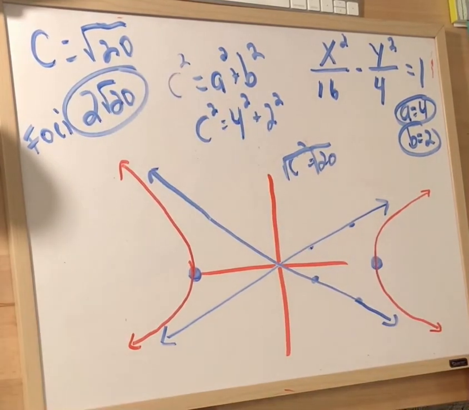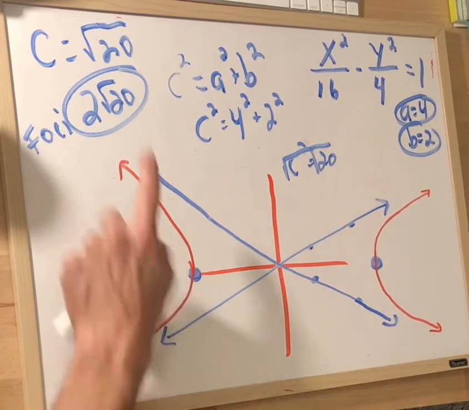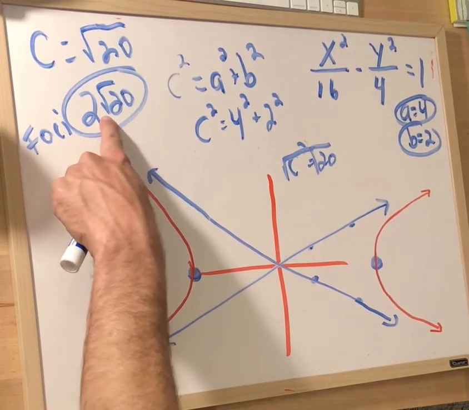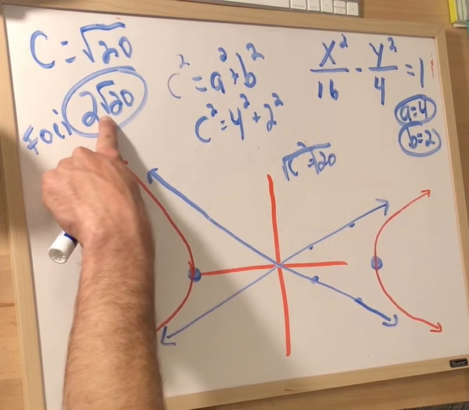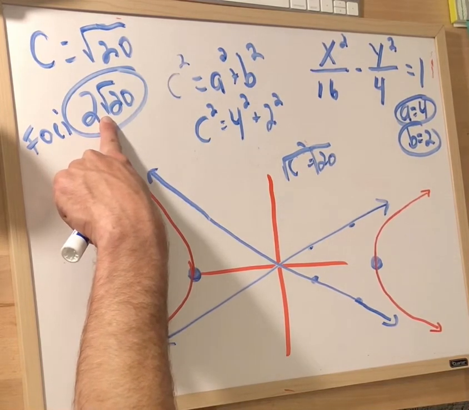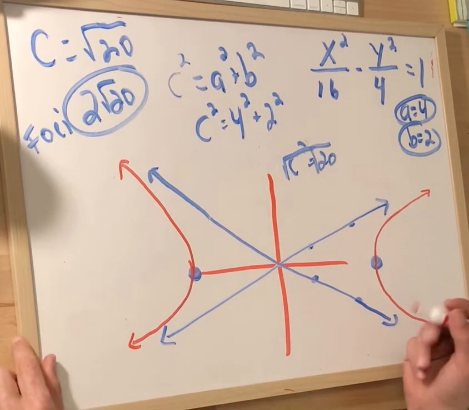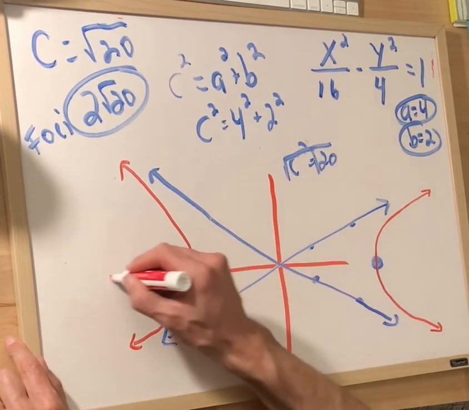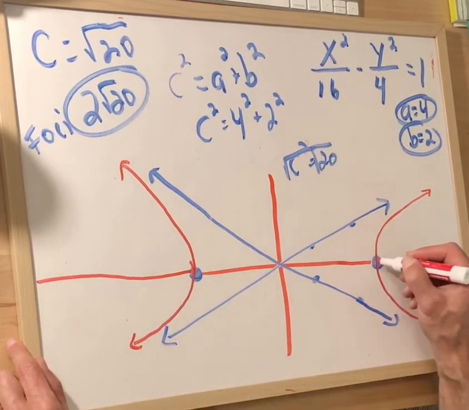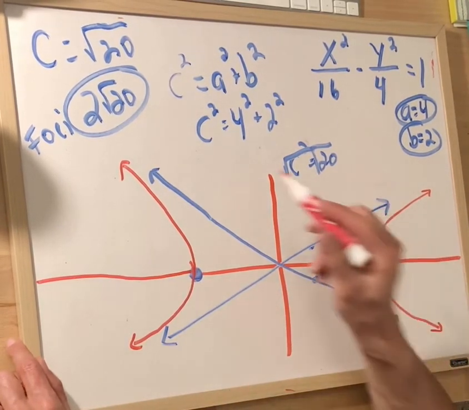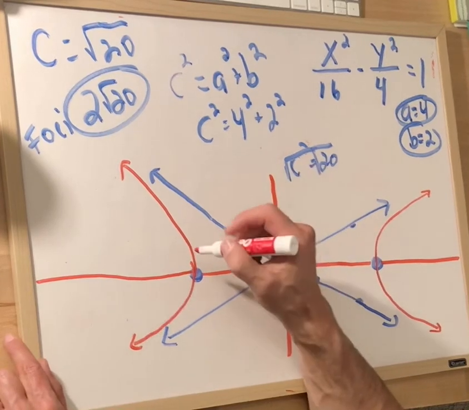2 times C. Now you have to plot the coordinates of 2 times root 20. So what I would do is I would just square root 20. It's going to give you, I don't know, 4.3 or 4.4, something like that, and multiply that by 2. So it's going to give you approximately, I'm going to draw these out. 2 times root 20, 2 times 4 point something is going to be 8 point something.